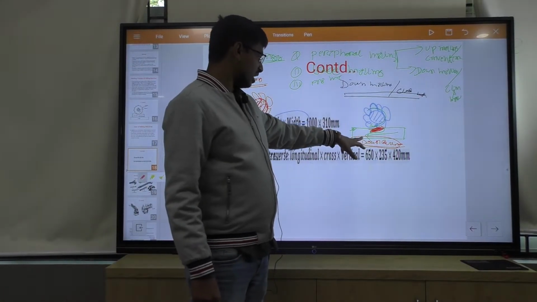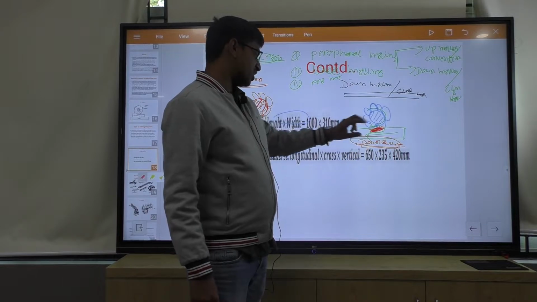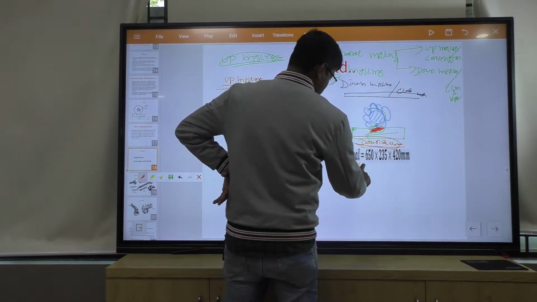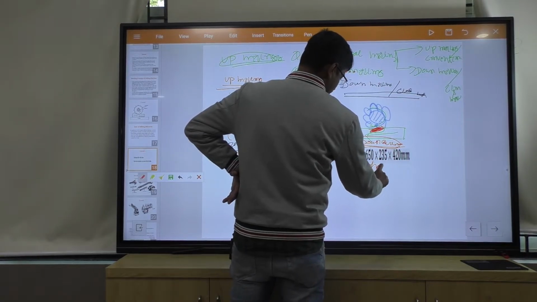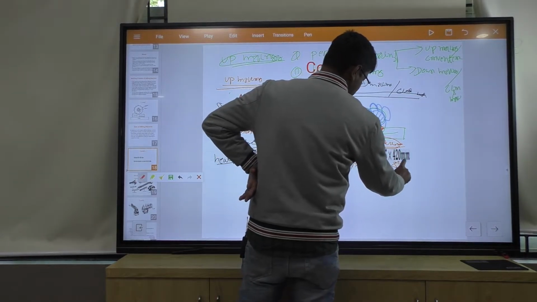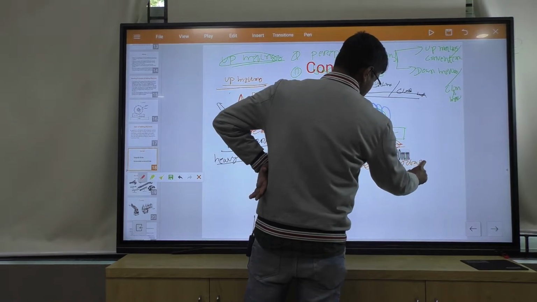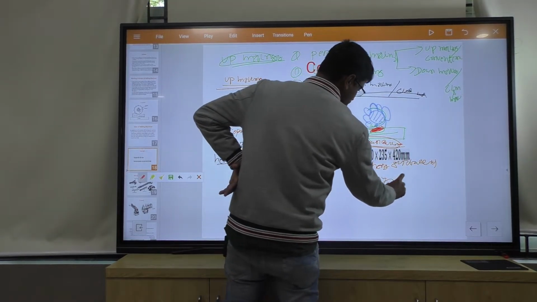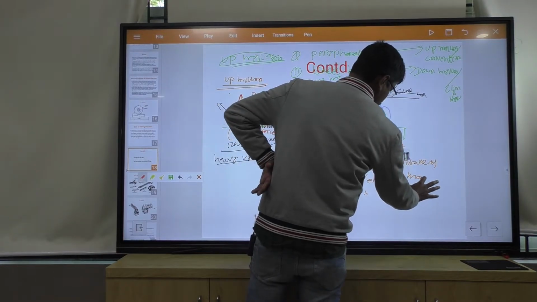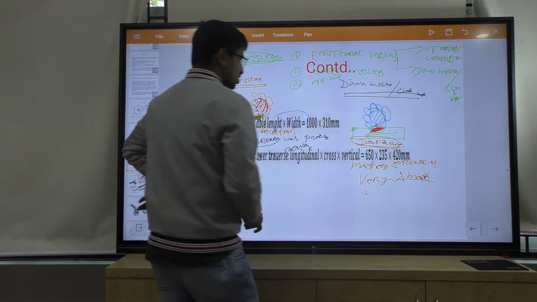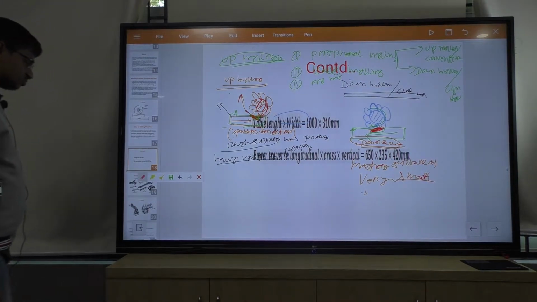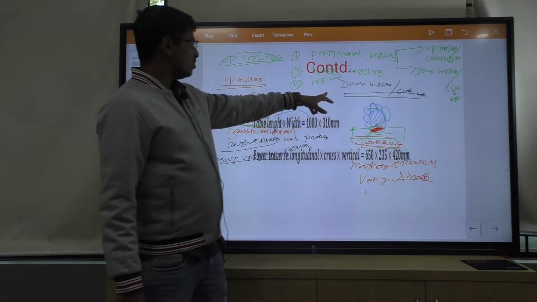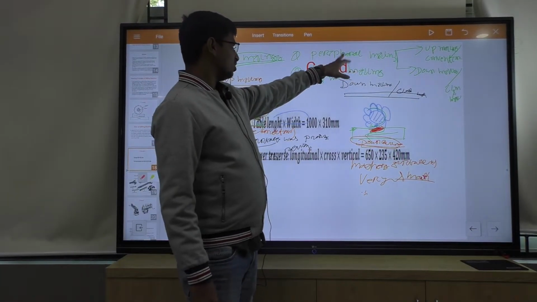In down milling or climb milling there may not be a vice, and the machined surface is very smooth. So this is up milling and down milling, the peripheral milling.